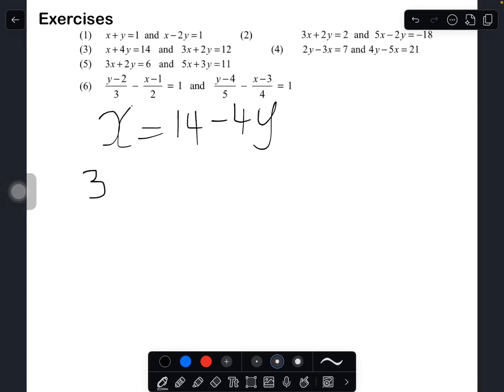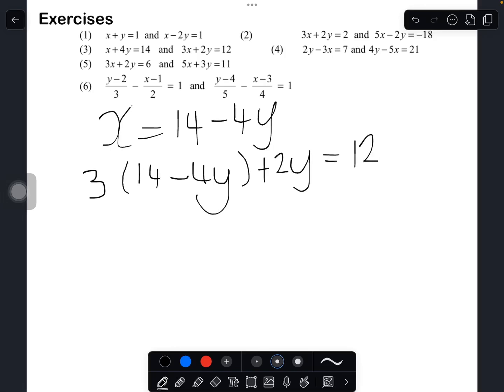So I have 3 into 14 minus 4y plus 2y equals 12.